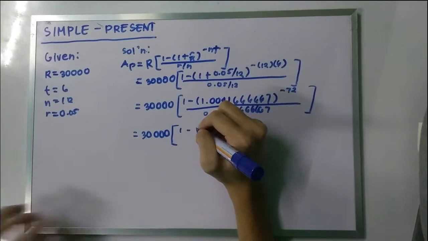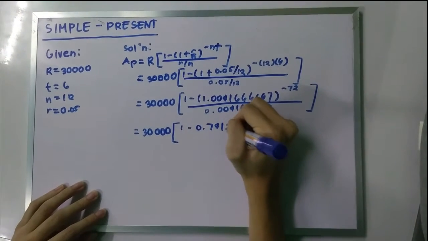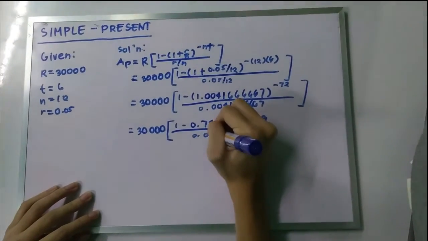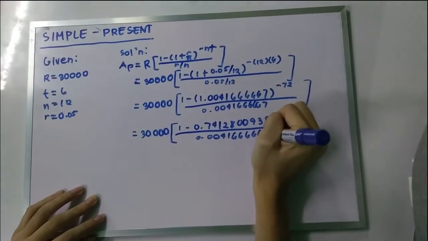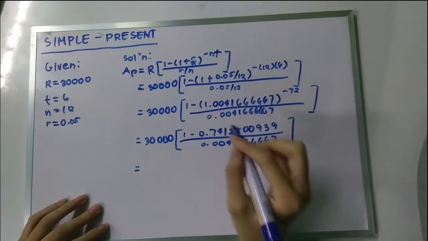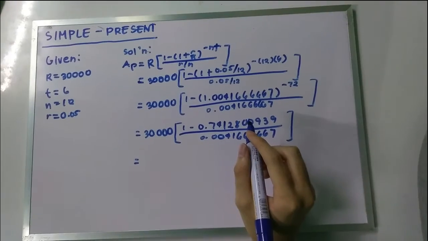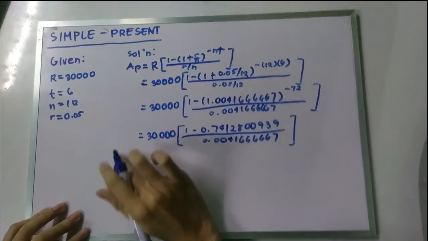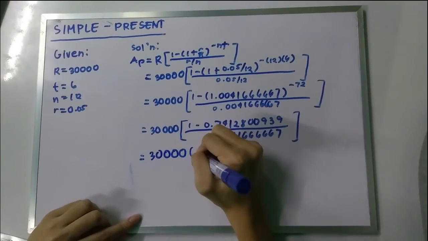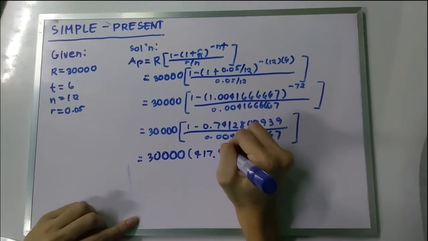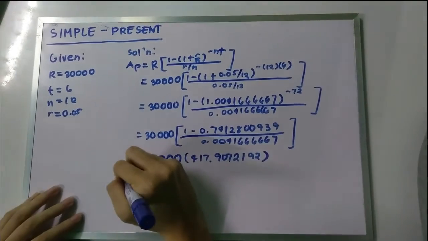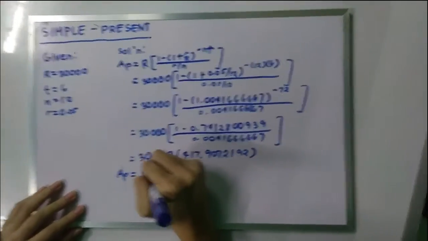We have 0.74128000939, and then add that to 1, so the numerator is now 1.74128000939 and divided that to 0.0041666667. The answer in the bracket is now 417.9072192. Multiply it to 30,000 and our answer is 12537216.58.